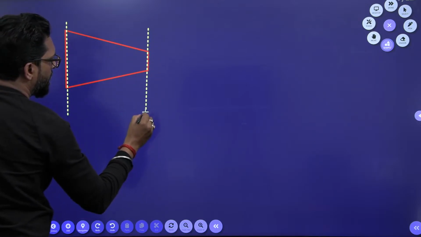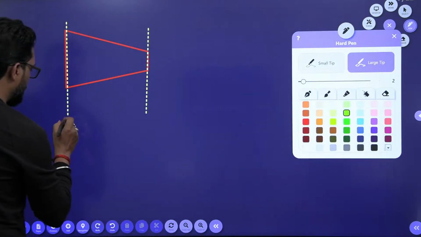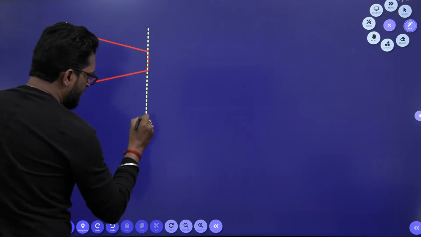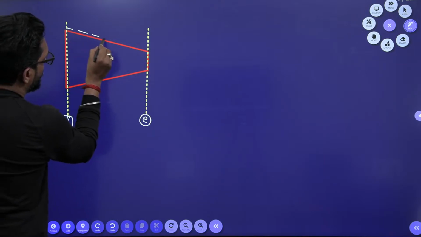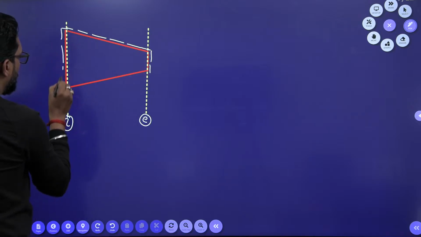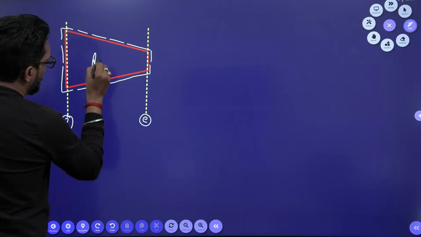This is your I, and this is your E. This is your inlet section, and we assume this is our control volume, and in this one there is air.